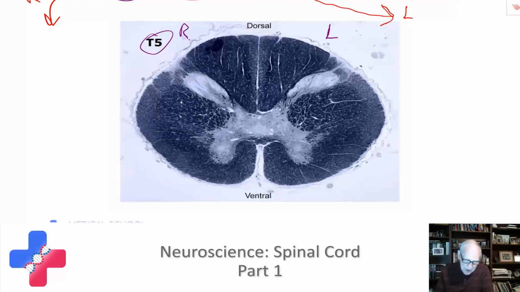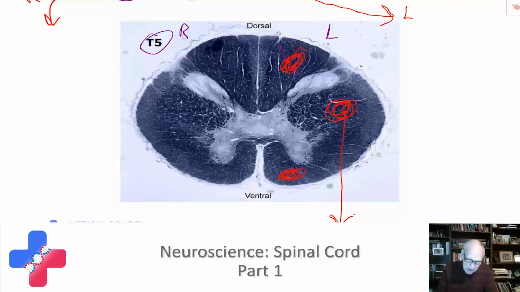So let's say that you have lesions in the white matter on the left side of the cord, whether it's dorsal, lateral, or anterior white matter. If you had a lesion on the left side of the cord of white matter, all of these tracts are going to be lost where? Below the lesion. So below T5, you would have deficit of the motor or sensory function of that tract.